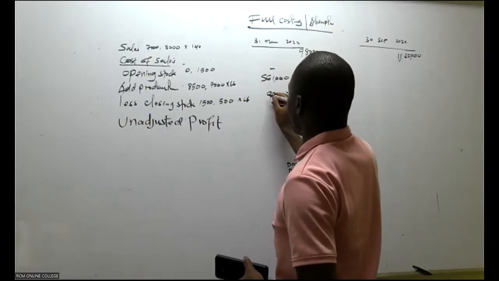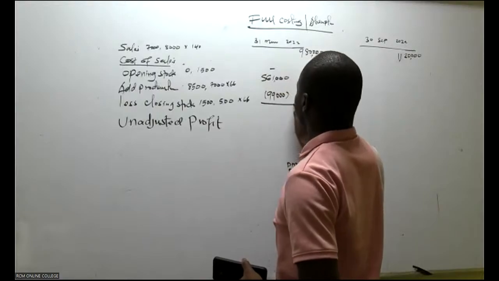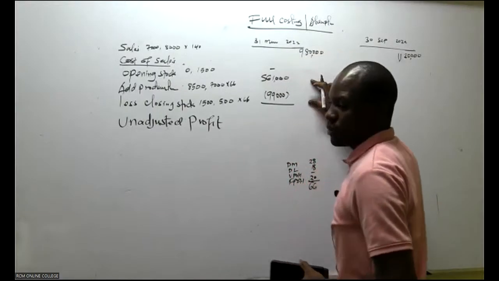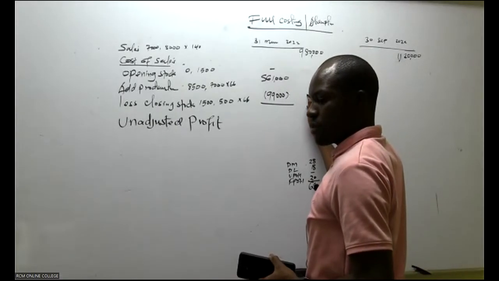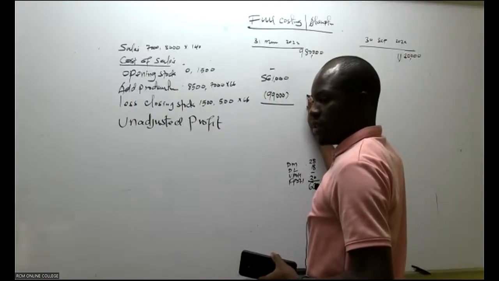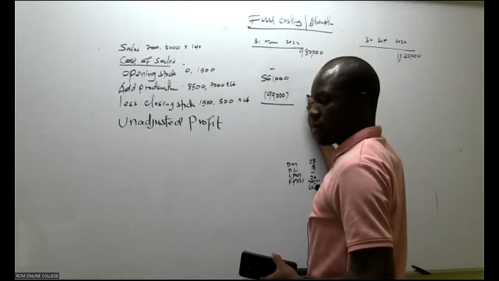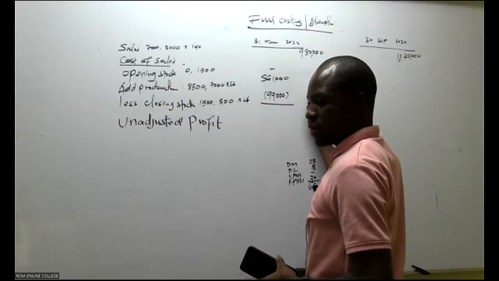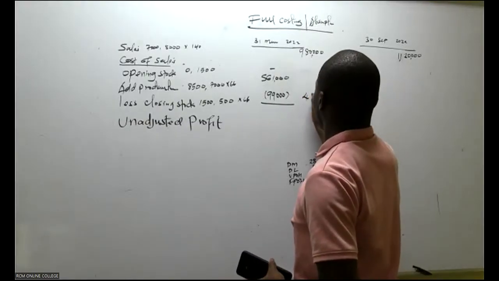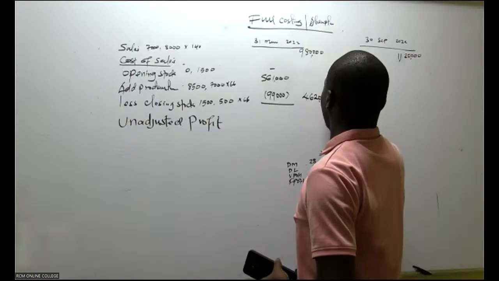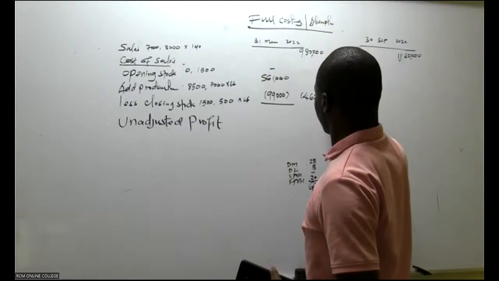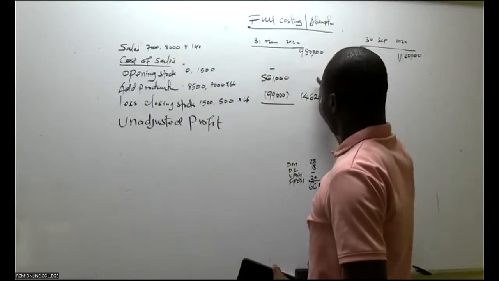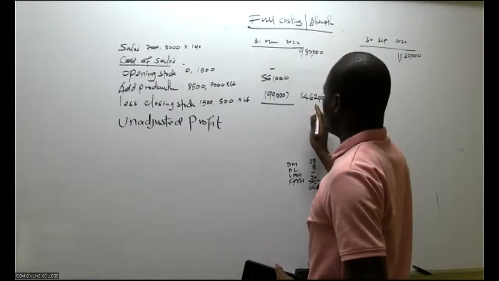But of course, I need to less that for me to be able to get the cost of the goods that were sold. So the cost is this minus this. 561 minus 99, what do we have? 462. When you less, you get unadjusted profit. So let's get the profit here. The profit, 518.